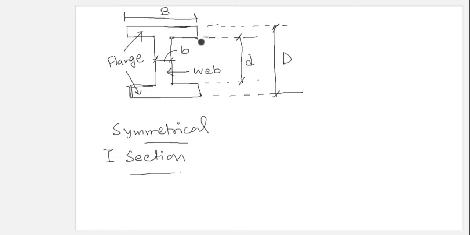And capital D is the height between the top flange and the bottom flange. So these are the dimensions. Please draw this, and we will try to find the shear stress distribution for this I shape.